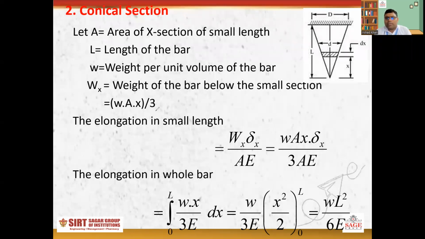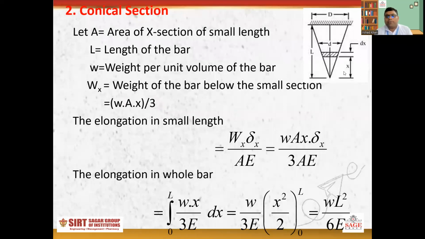This part is the volume of the cone, and this is the specific weight. Just multiplying by this, we get the weight below the small section.